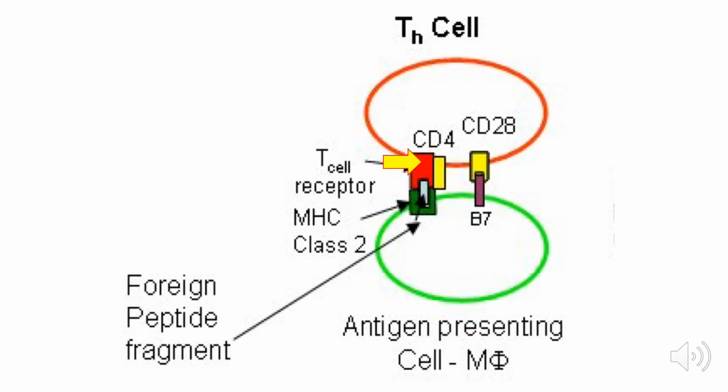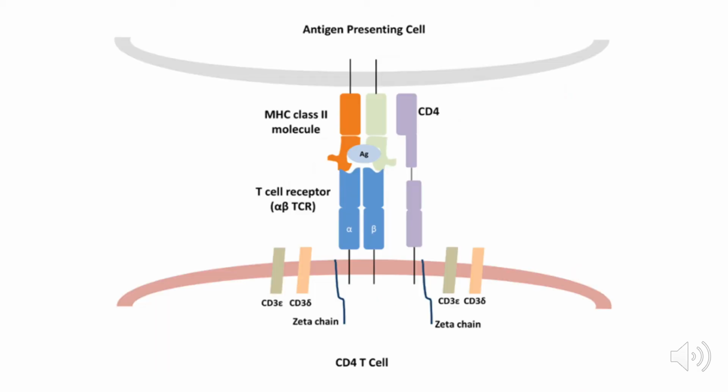What will recognize if the antigen is presented using class 1 or class 2 is now the CD4. Antigen is recognized by CD3, which is part of the T cell receptor, while the MHC class 2 is recognized by CD4. Let's apply that one on this figure.